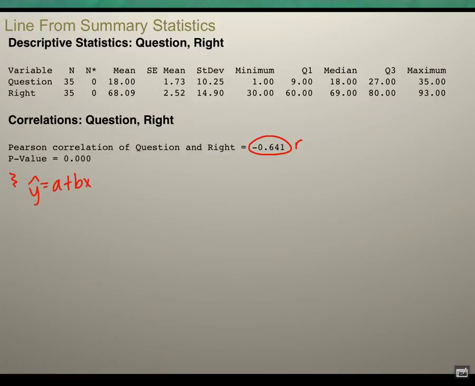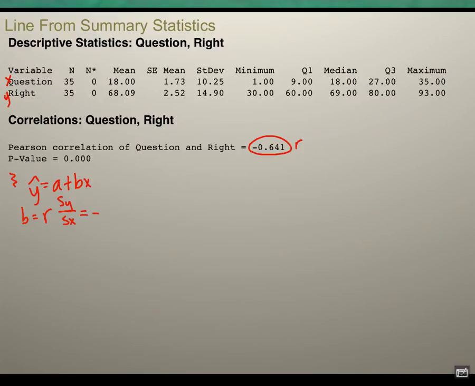Do you guys remember which one you have to find first, A or B? B. Do you remember the formula for B? It's R times SY over SX. In our case, it gives us question and percentage correct. Question is our X, so percentage correct is our Y. It's based on the scatter plot.